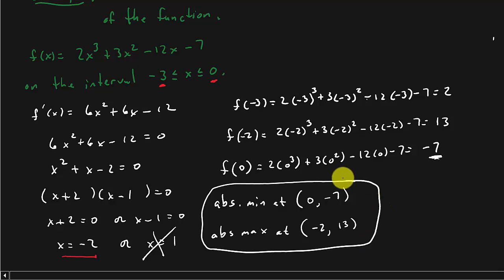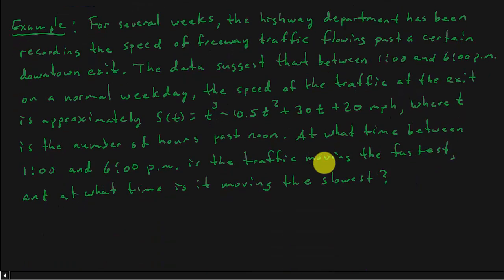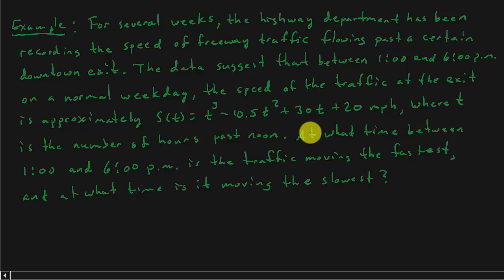All right. Now, let's look at this one. It says, for several weeks, the highway department has been recording the speed of freeway traffic flowing past a certain downtown exit. The data suggests that between 1 and 6 p.m. on a normal weekday, the speed of the traffic at the exit is approximately this function here, in miles per hour.